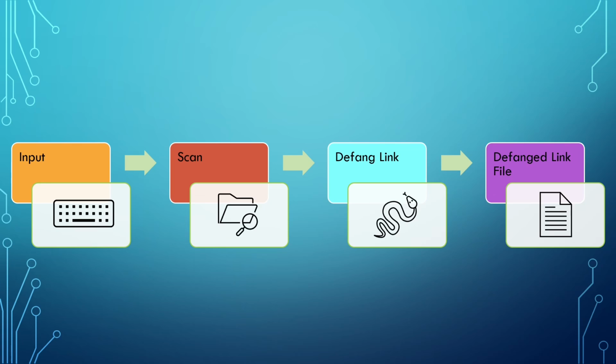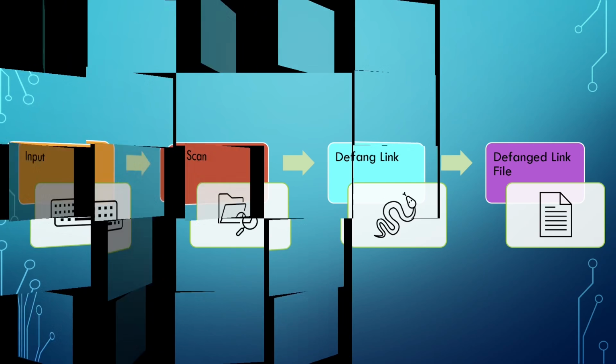Our application uses an algorithm that takes in inputted links and checks the link for special pieces that make it a hyperlink. We cripple or defang this by replacing that character and return this to the user. You have the option to either print to a file and print that file, or just leave it be and take that output.